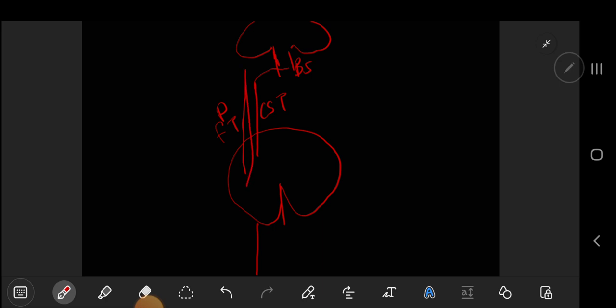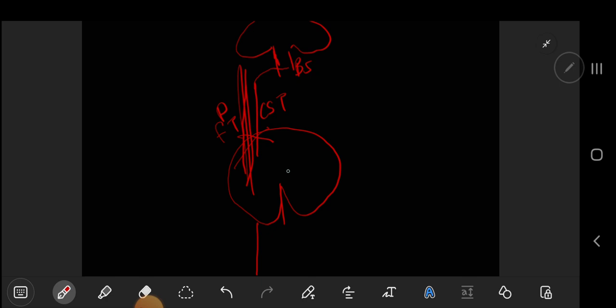Again, it transmits sensation from the ipsilateral side, from the same side of the body. So again, this will hurt those tracts. So we will have a lesion in one side, and the corticospinal tract and the proprioception and fine touch, all of this will also be damaged.